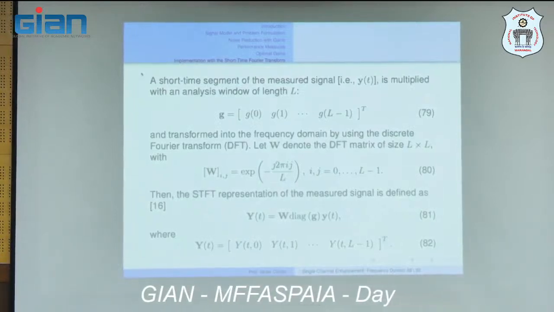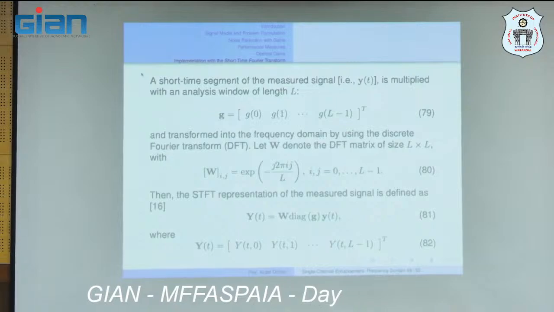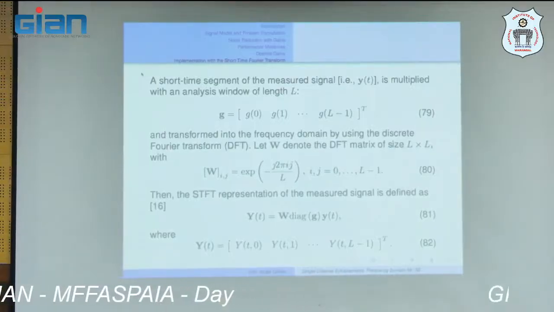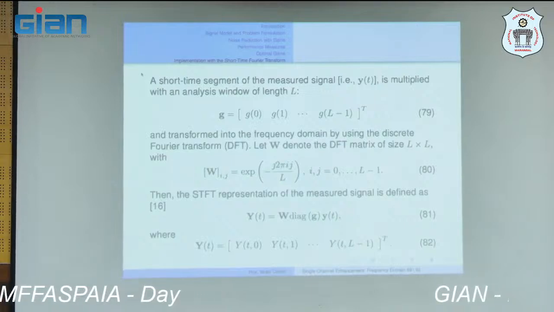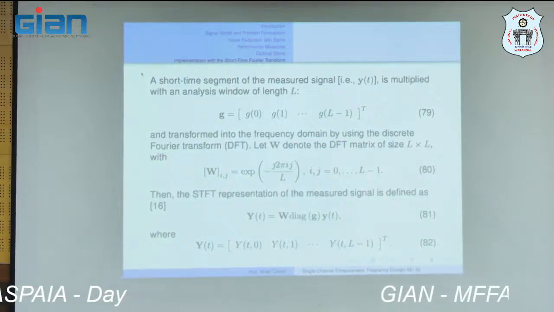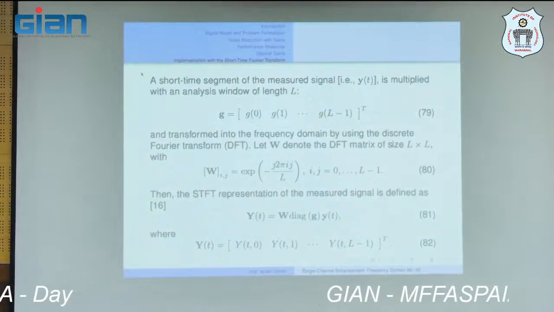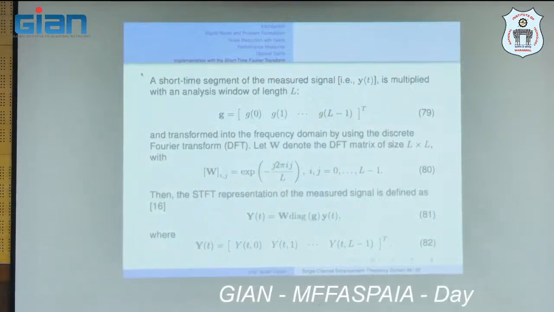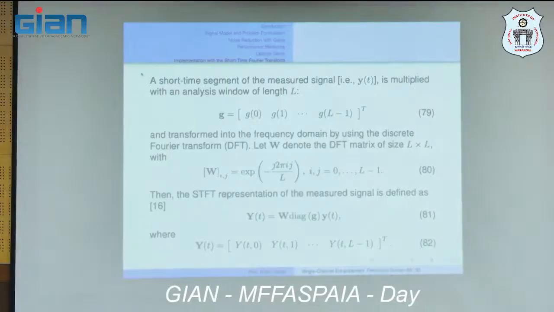And these relations enable perfect reconstruction of signals. So if you don't process anything, you just do the short time Fourier transform and then the inverse transform, you want to get the same signal you started with. This is called perfect reconstruction.